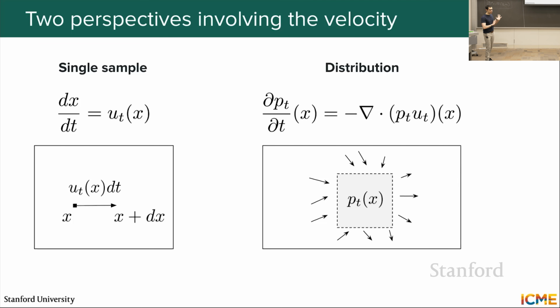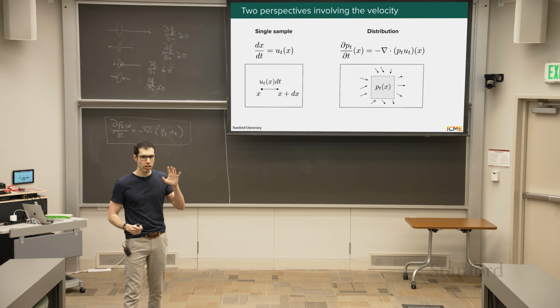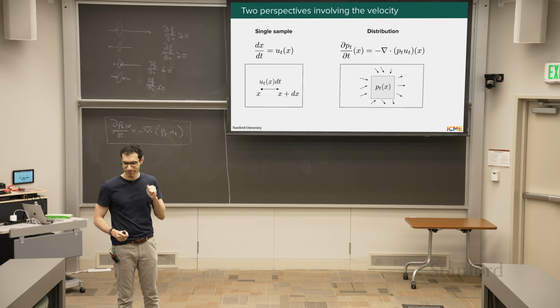But we also saw that this vector field that was coming into the picture in this micro perspective is also in the macro perspective. And what we're saying is, given that we're transporting the density and we're not losing it or gaining it, we also have this nice identity that we can use, which is also called the continuity equation.